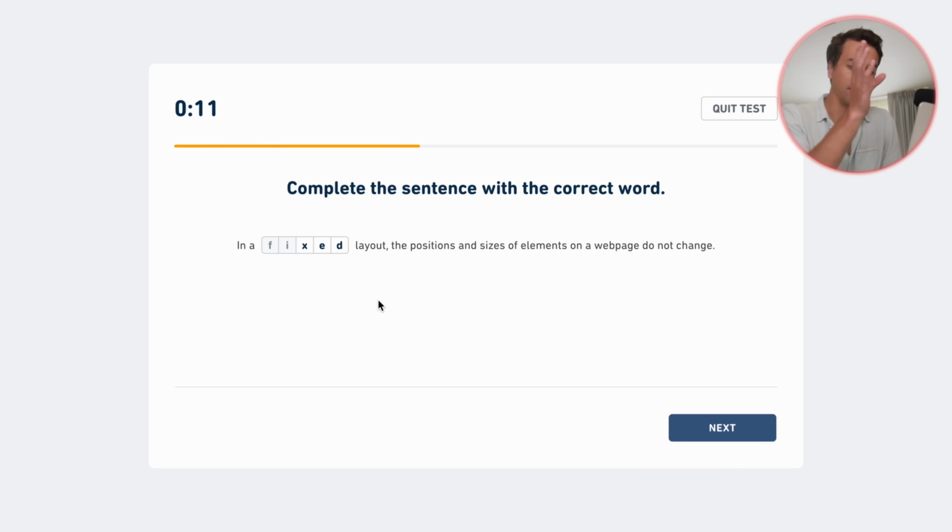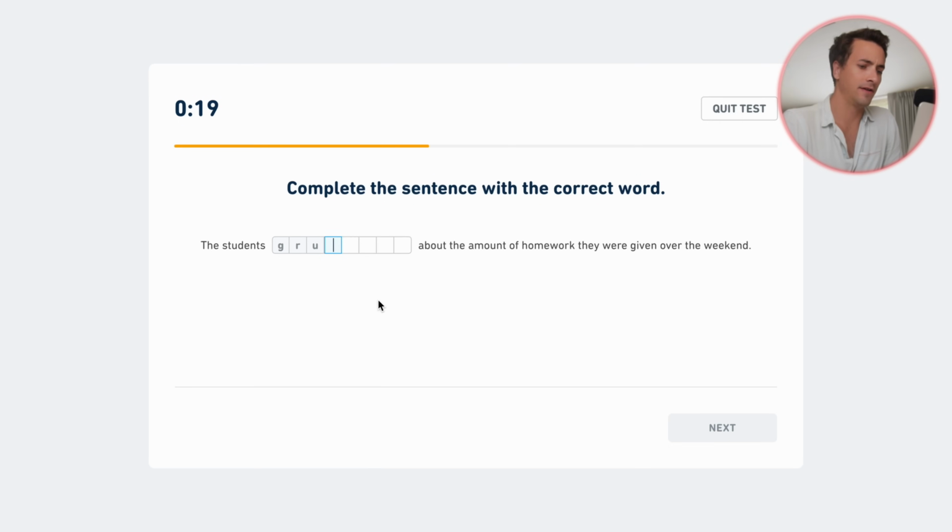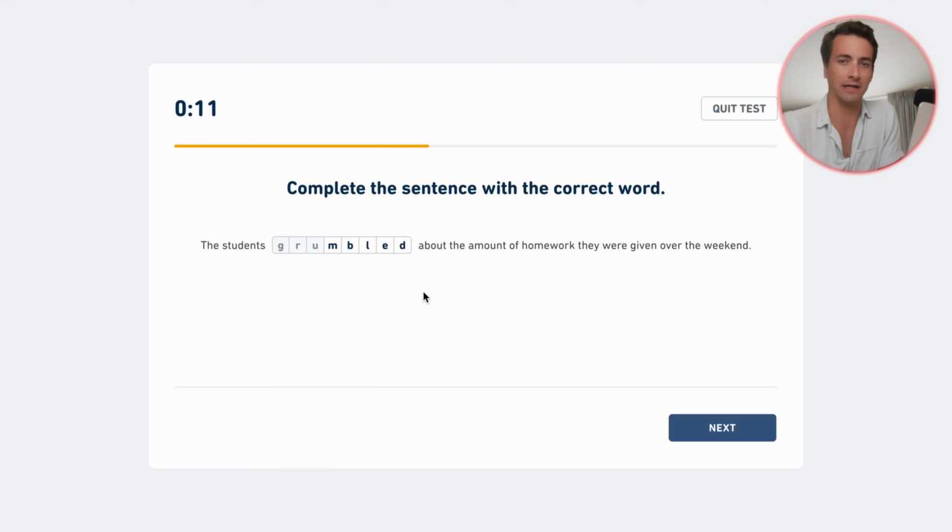This one I knew because of the collocation, so I didn't even read the rest of the sentence. I was very confident that it had to be a fixed layout because I've seen that phrase many times. The students, about the homework they were given, grumbled. So grumbled means complain, be unhappy about. So students never like homework, especially over the weekend, and therefore I was able to figure out grumbled.